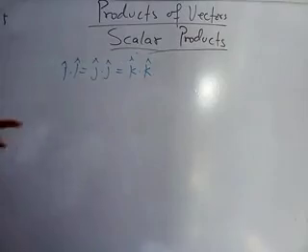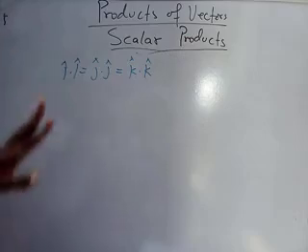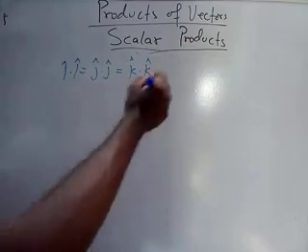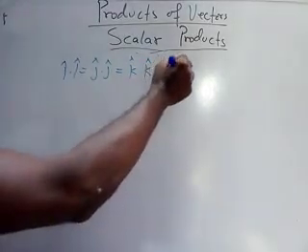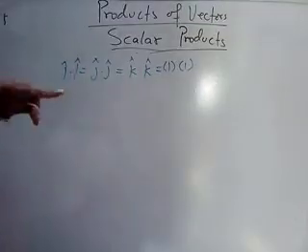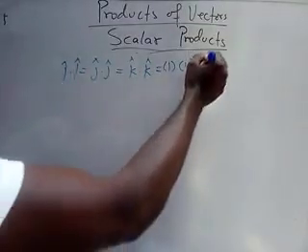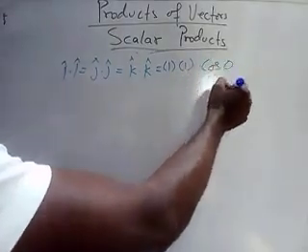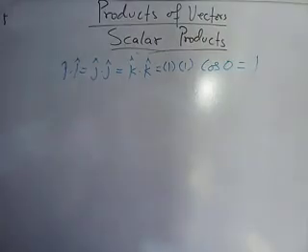Remember when I started unit vectors, I said the magnitude of a unit vector is just one. So it is taken as 1 times 1. They are in the same direction, so this is cos 0, which is 1.